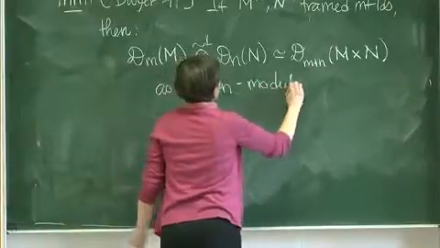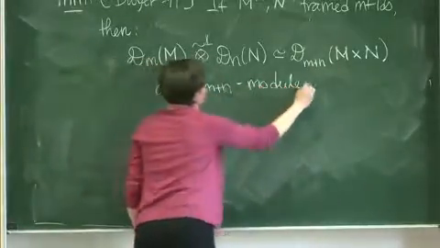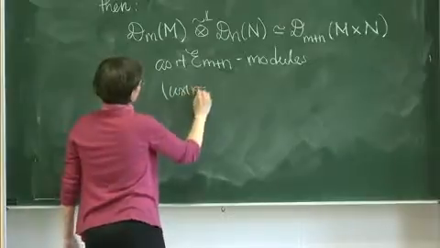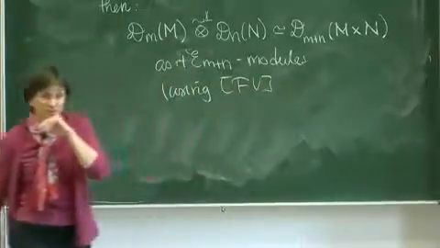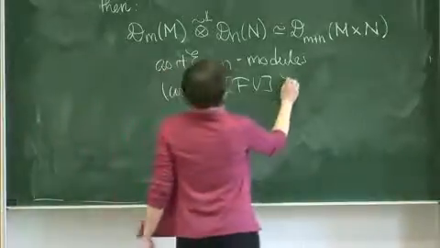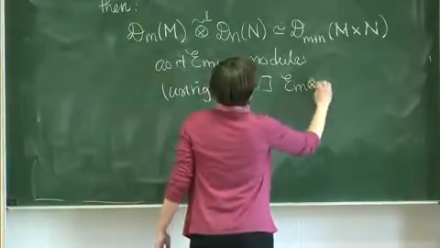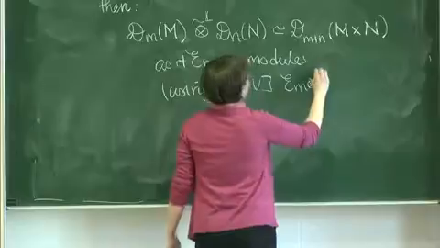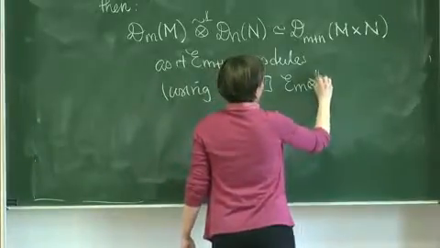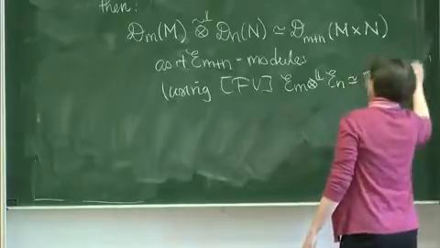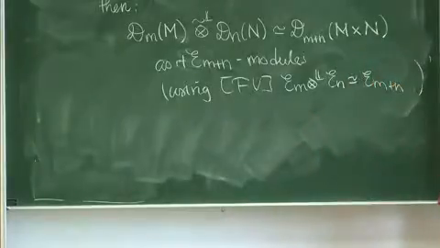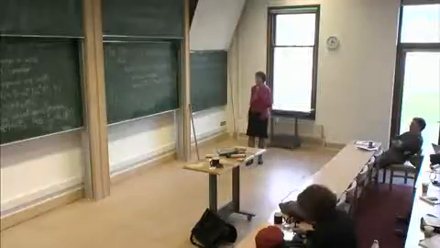It's right EM plus N modules. So this is using the result from Fedorowicz and Vogt that I mentioned before, the fact that if I take a left-derived version of this, I get this. That's how I can even make sense of this.